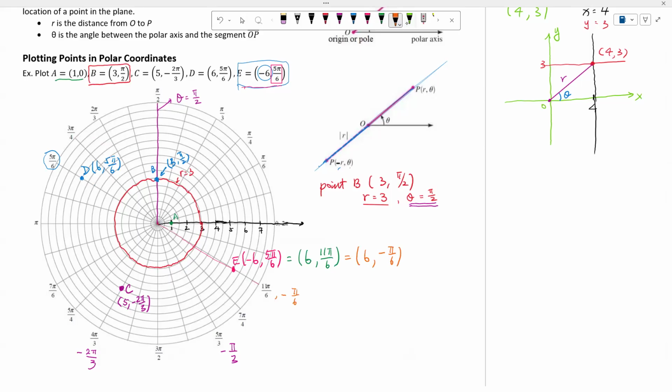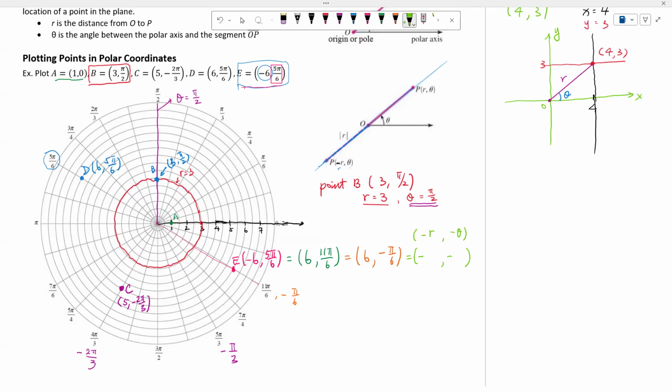Now let's see. If I want to find this point right here with a negative R and also a negative angle, how do we actually work it out? Again, I would like to work with a negative R and a negative angle.